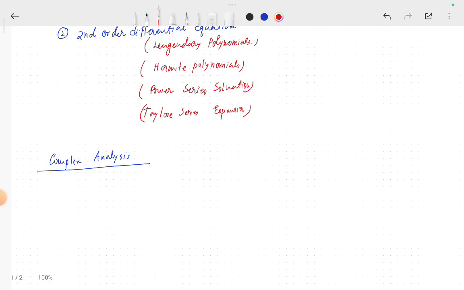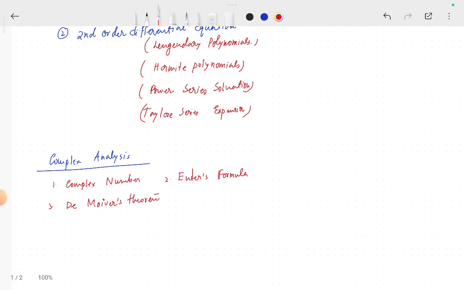First, we study complex numbers. Second, we study Euler's formula, which is very important. Third is De Moivre's theorem.